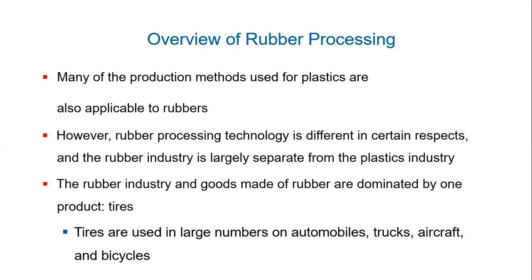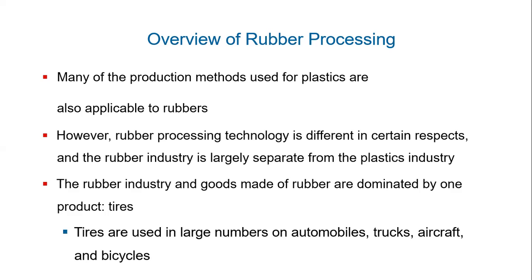But the industry is kind of different based on the applications, because rubbers are applied mostly in the case of tires. Actually, most of the rubbers are consumed to manufacture tires, and there are some other applications. You already know about a lot of applications of rubber.